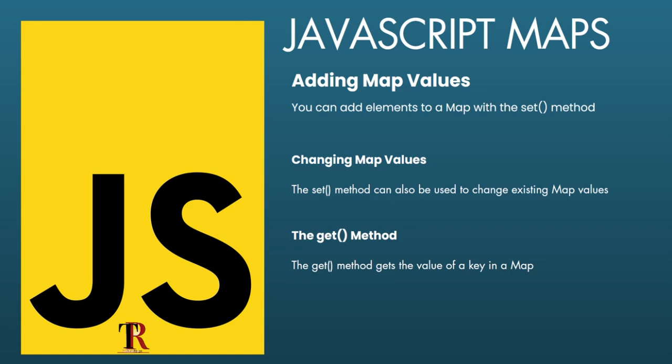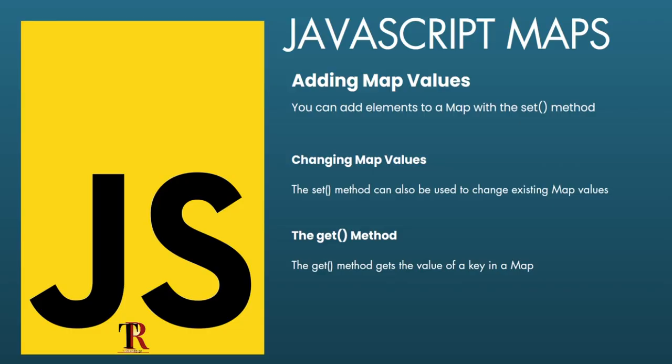In the previous lesson, we talked about adding map values by using the set method to add elements to the map. And we also talked about how you can change map values using the set method to change existing map values.